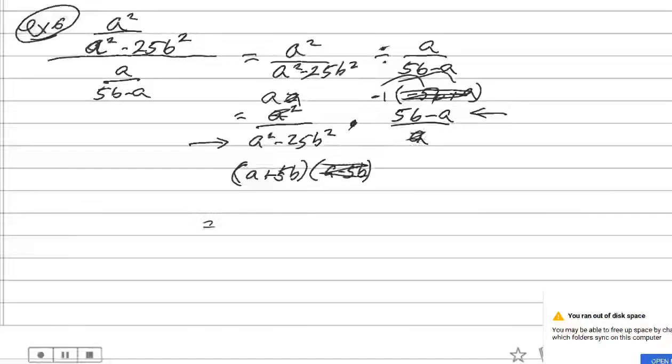When I get down here on the top, I have a times negative 1, or negative a. And on the bottom, the only thing I have left is a plus 5b. And that's where I'm going to end up on this problem. So there's my final answer.